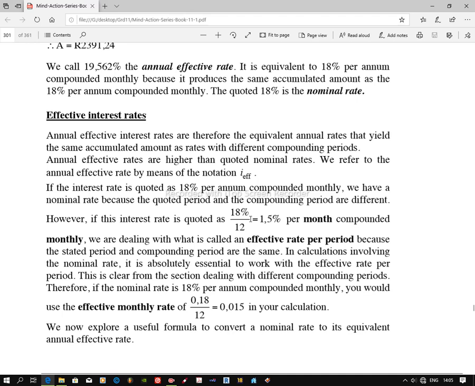But they won't ask you to define the effective and the nominal interest rate. I don't remember our examiners asking that question, so that is not going to be useful, but the calculations are going to be useful for you.